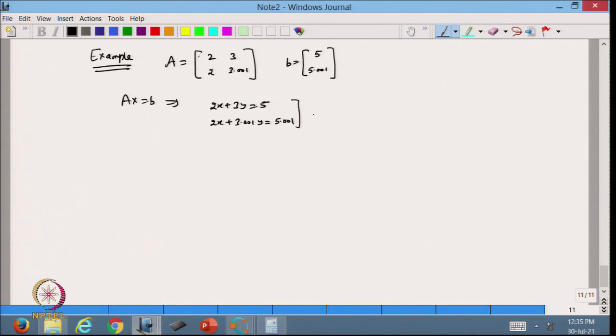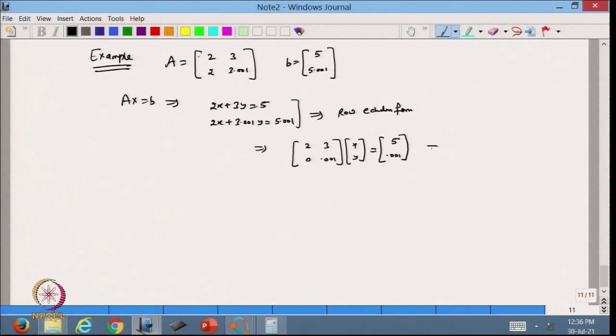Now, if we convert this into the row echelon form, that gives me 2, 3, 0, 0.001, it becomes like this one, and x, y, then it will be 5, and this is 0.001.